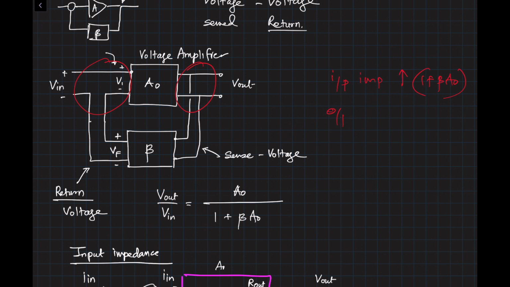So just quickly looking at it, we can say output impedance will go down by the 1 plus A0 beta factor. So this is a quick way to tell, just by observing the connections, what happens to the impedances after feedback. Otherwise, it can become very painful every time to write down the equations and figure out if my input impedance is going up or down, output impedance going up or down. So this is a trick that I'm teaching you.